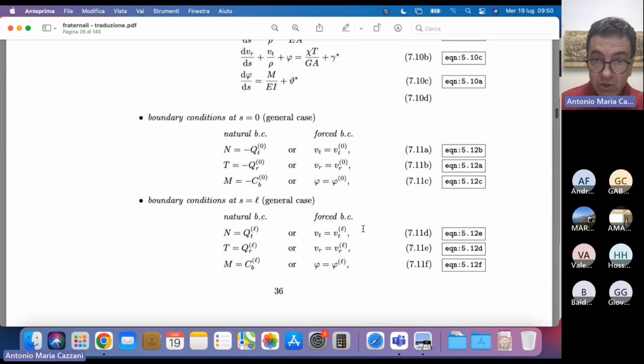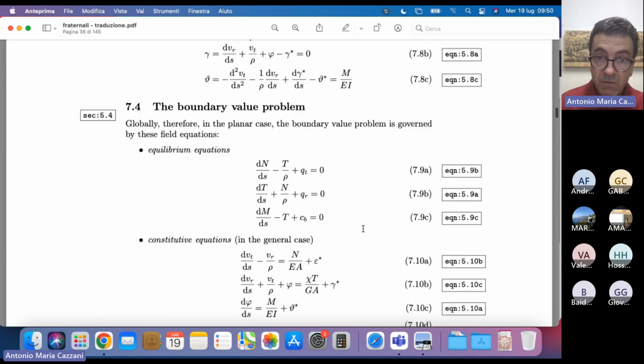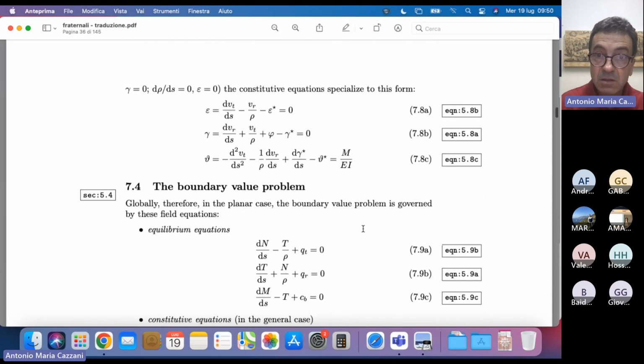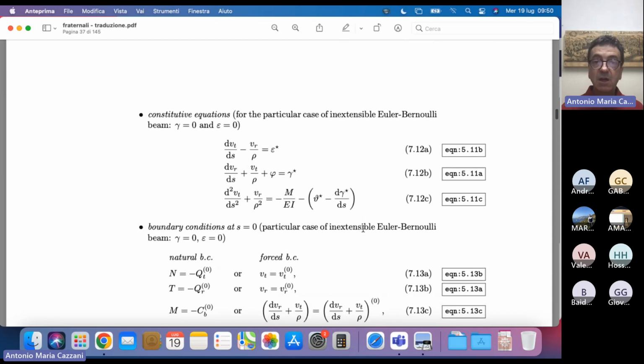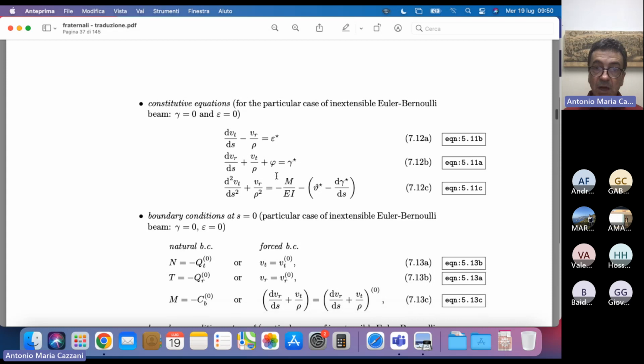We should check now what happens if we introduce the simplification we saw before. So for instance, if we consider an inextensible Euler-Bernoulli beam, then we have to write down that gamma is equal to 0 and epsilon is equal to 0.